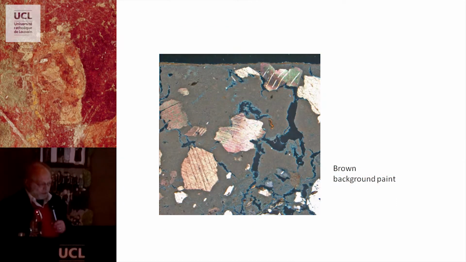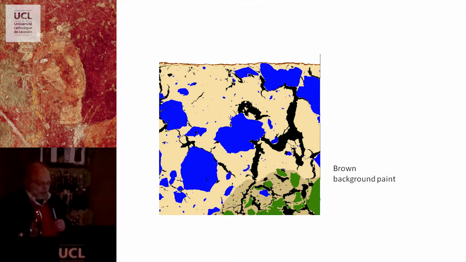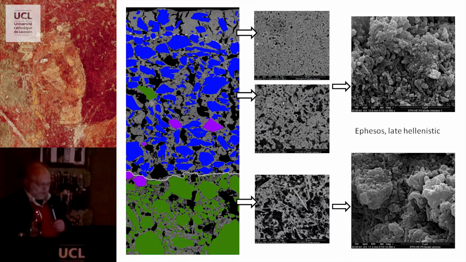Again, this is a brown background, not much has been left. And yeah, this was made recently, before I came here, on one of these mortars, with a scanning electron microscope, about 1 centimeter from the top inside.